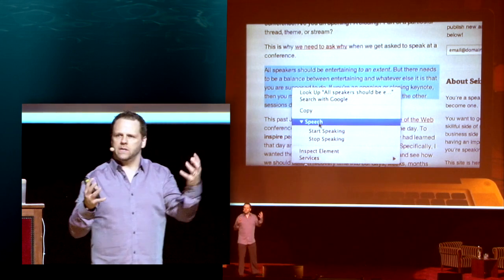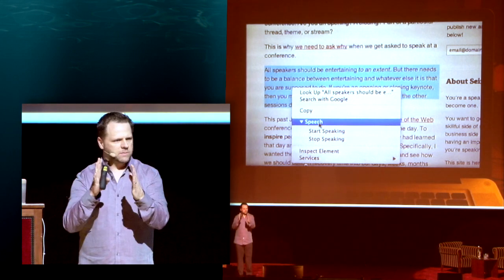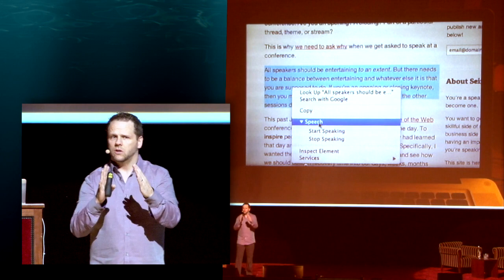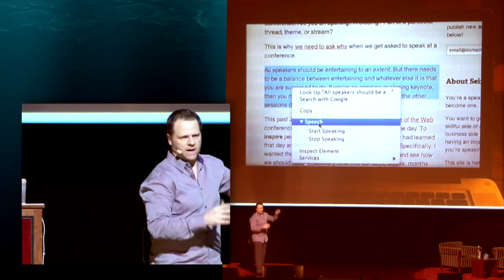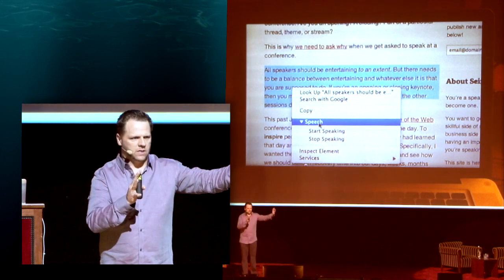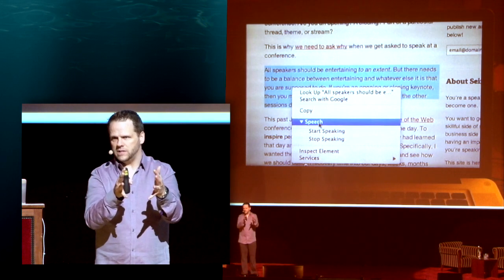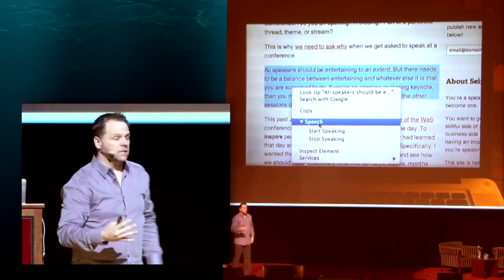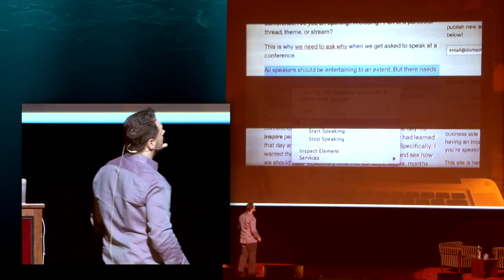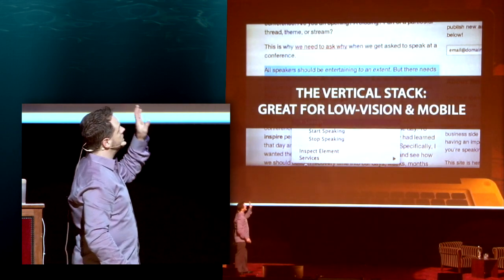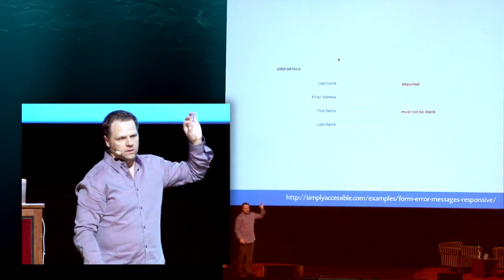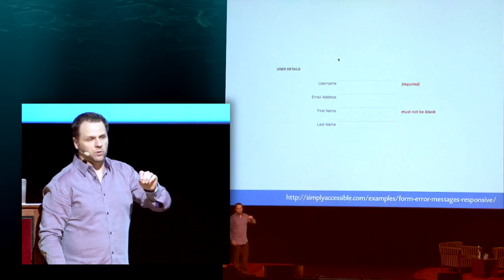When we create those in a responsive way and we collapse things to a narrower width, instead of having things fly out to the side, we bring it more into a vertical stack. We need to continue to do that. We need to embrace that vertical stack. It is entirely useful for both low vision and mobile users.